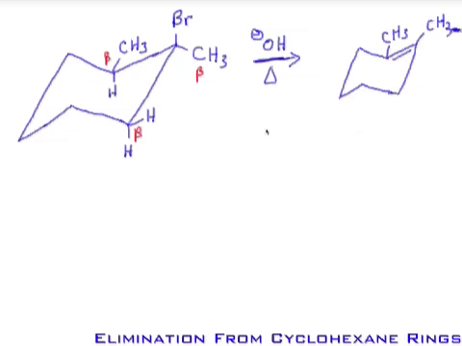If I pull the H off the beta carbon of the ring that has the two H's, try to make them parallel, I get the double bond there.